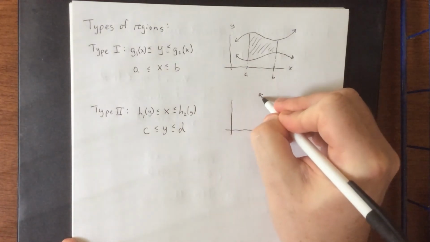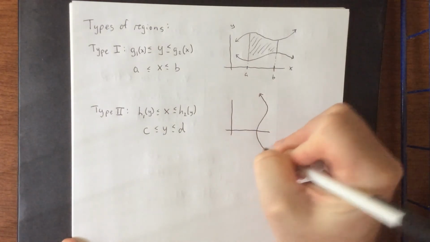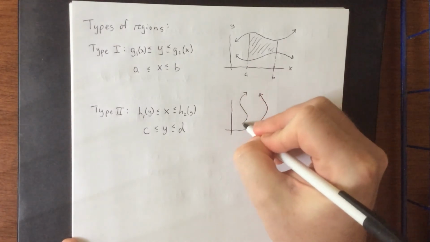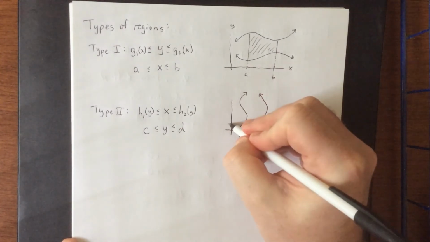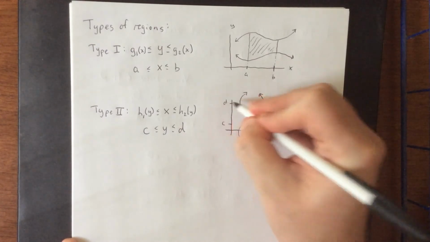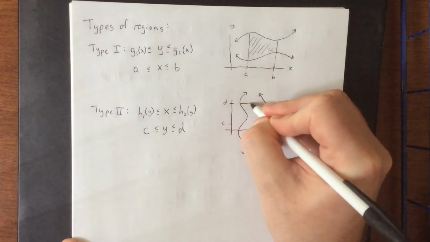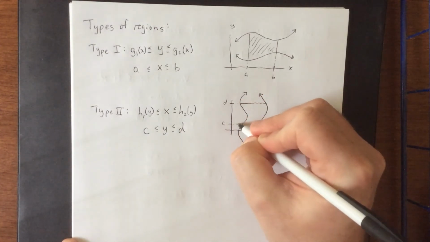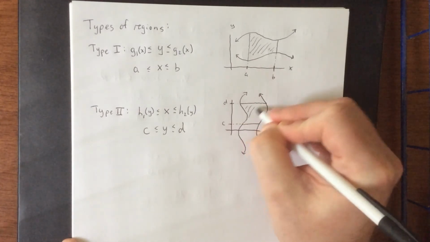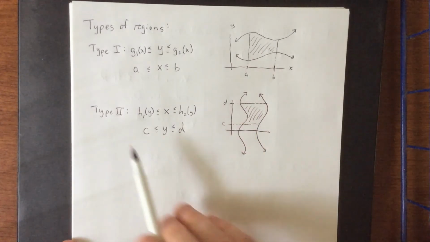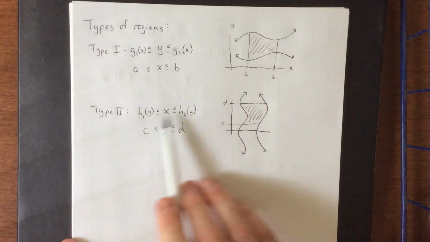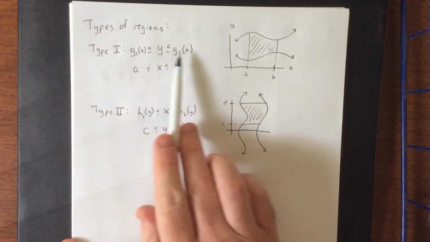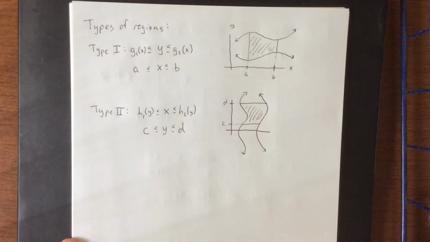So we have a larger function, we have a smaller function, and then we have from c to d. So a type 2 region would look kind of like this. The important thing is that for a type 2 region, x is defined as a function of y, and for a type 1 region, y is defined as a function of x.